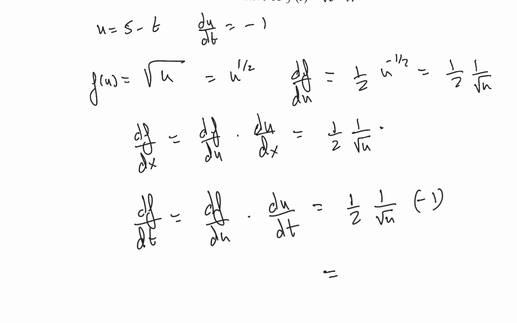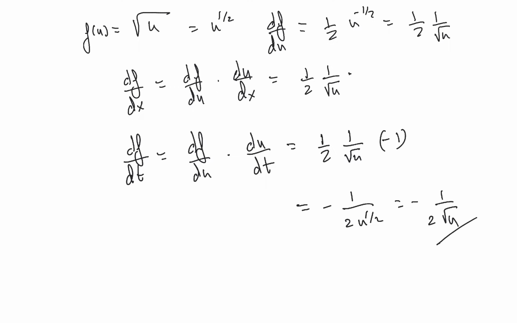So the final result will be minus 1 divided by 2 times the square root of u. And is this the final answer? No, because u is 5 minus t. So it will be minus 1 divided by 2 square root of 5 minus t. And this is the final answer, the derivative of f respect to the t.